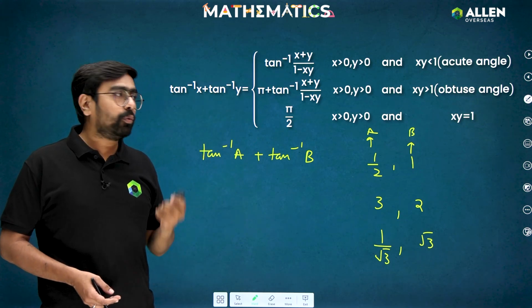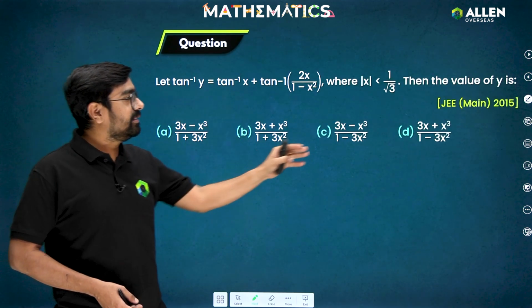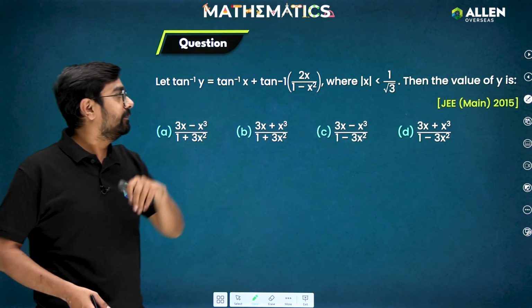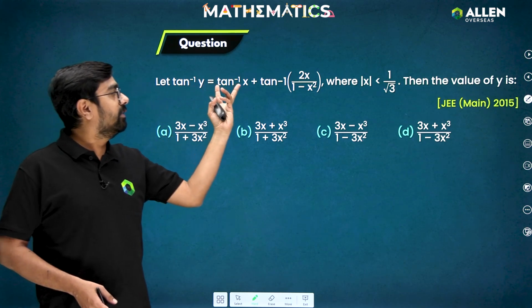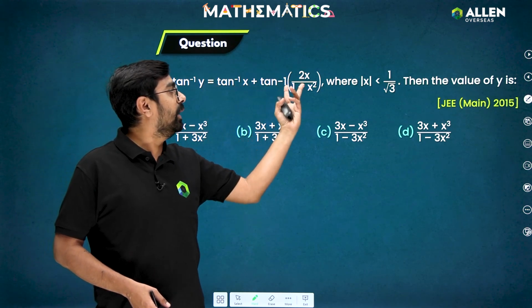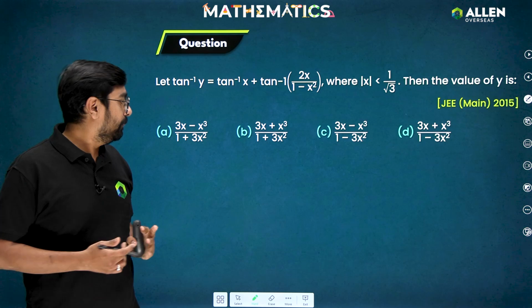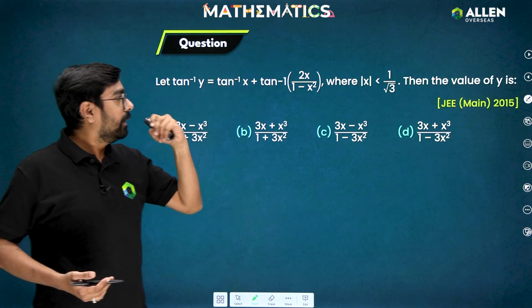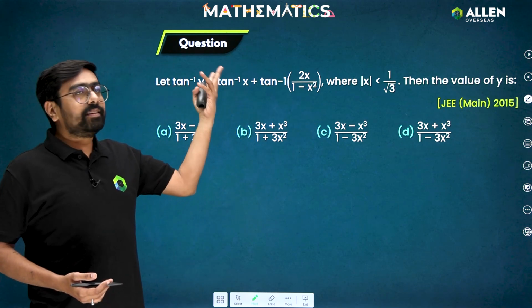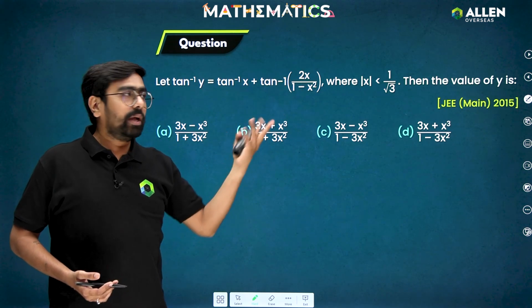Now let's quickly see a question based on this. This question has appeared in JEE Mains 2015. Here, tan inverse of y is given equal to tan inverse of x plus tan inverse of 2x upon 1 minus x square. We can consider this as a and b also. Let's say x is a and 2x by 1 minus x square is b.